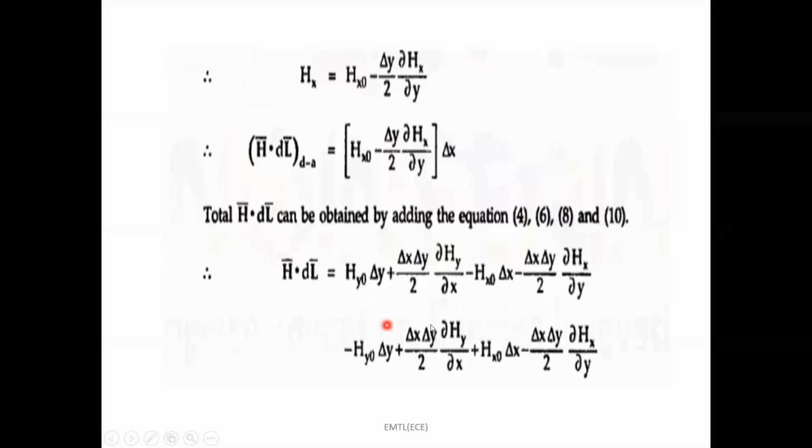So here, is there any cancellation? When you observe, here plus delta x delta y by 2 dou Hy by dou x, here also delta x delta y by 2 dou Hy by dou x.